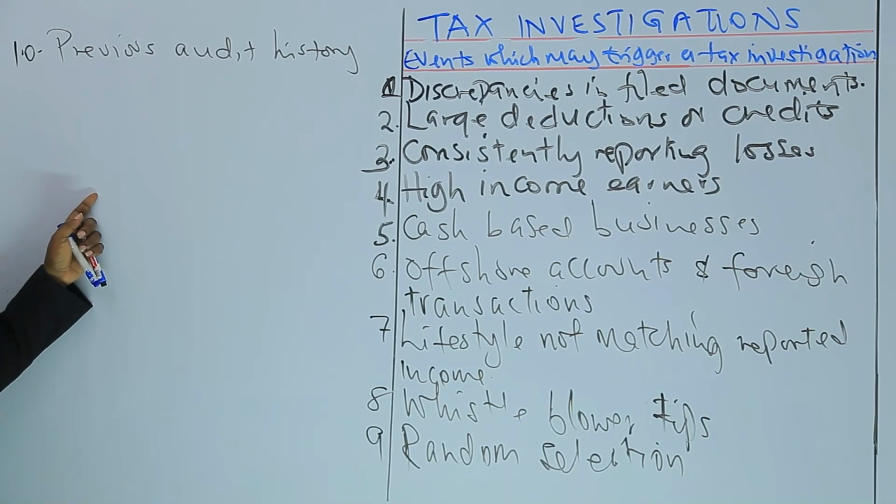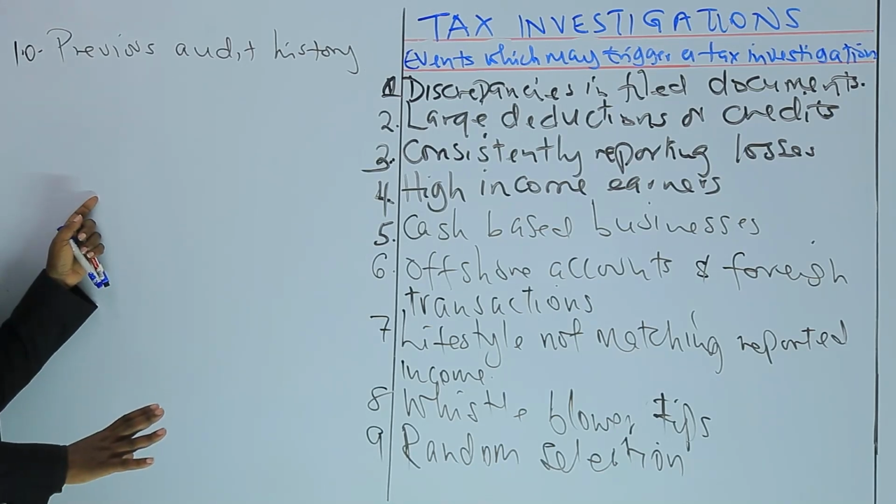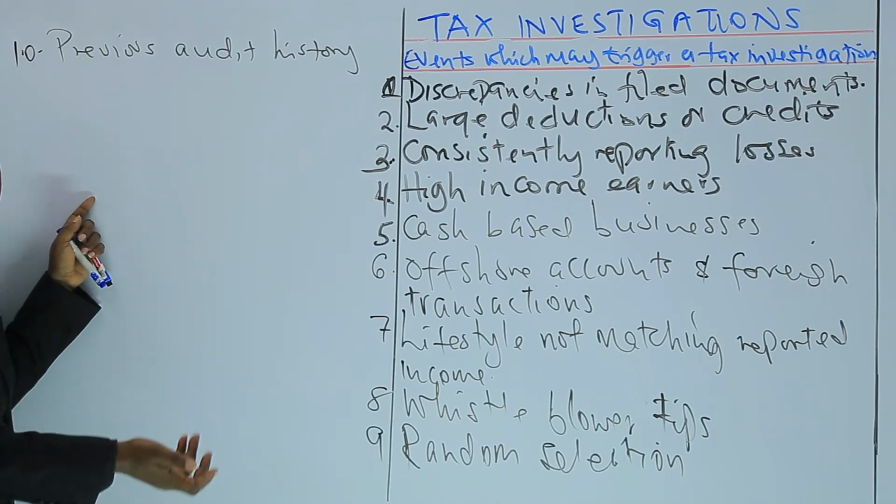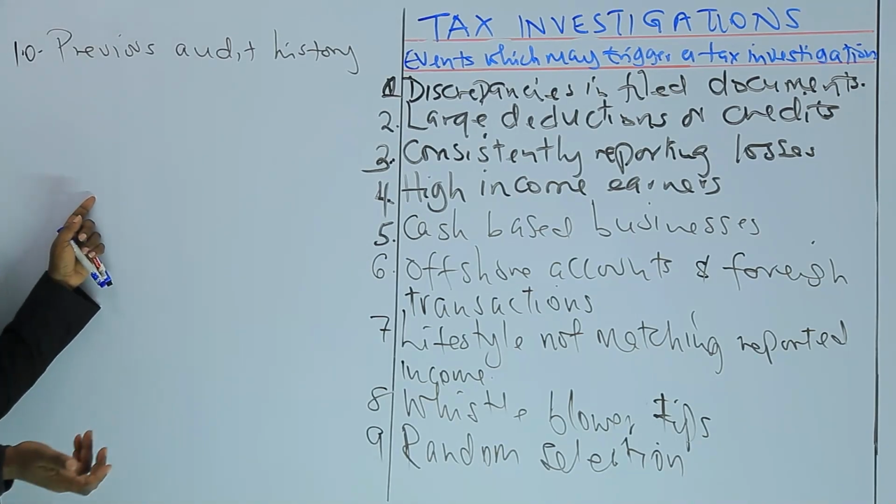Say the tax authority randomly selected taxpayer A, because sometimes the tax authority may randomly select individuals.